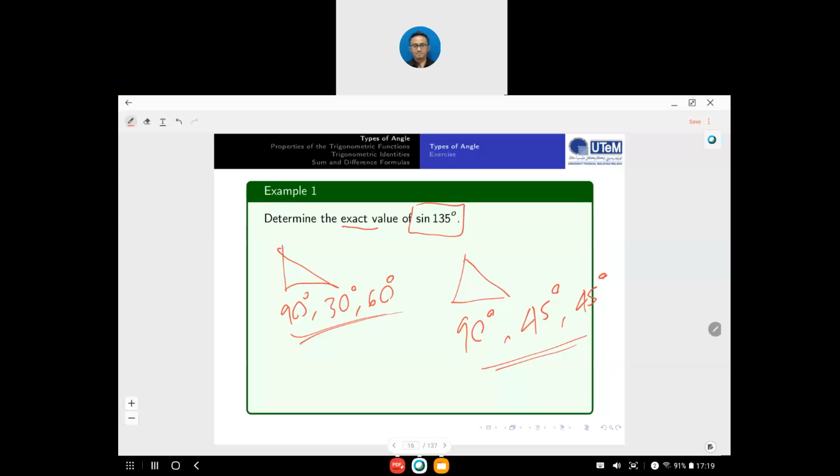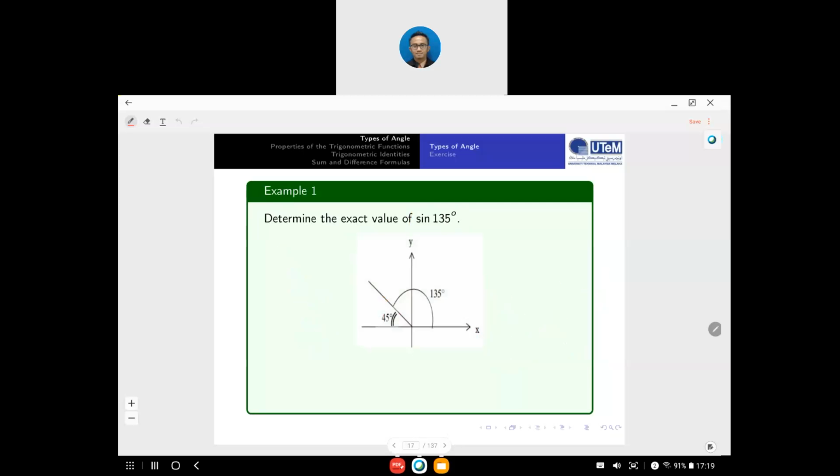Okay, so we know that this one 135 here stop at the second quadrant. Okay, and then the reference angle is 45 degree. Okay, so we know that this one second quadrant, you want to find sine. Sine for the second quadrant is positive value.